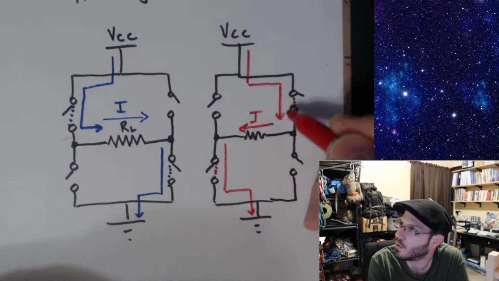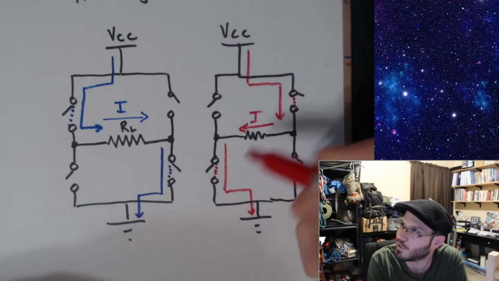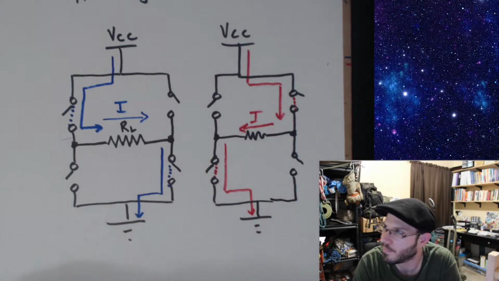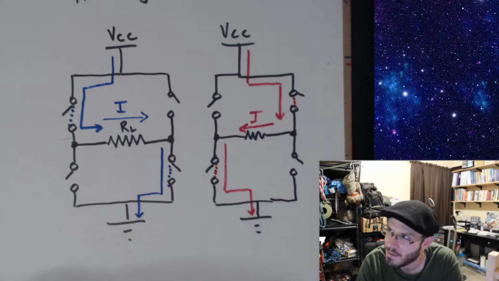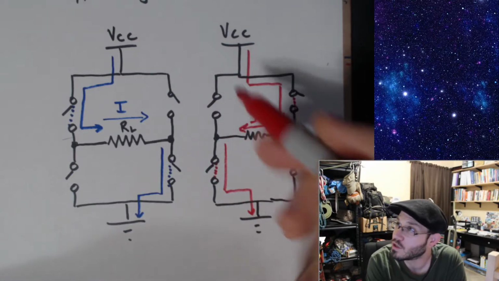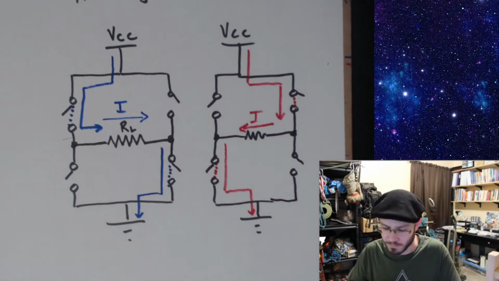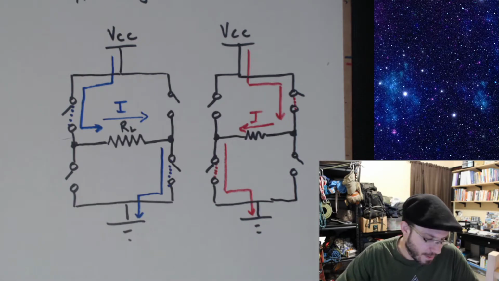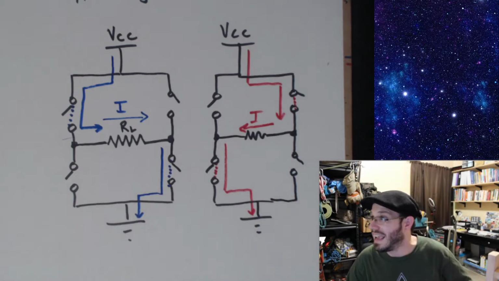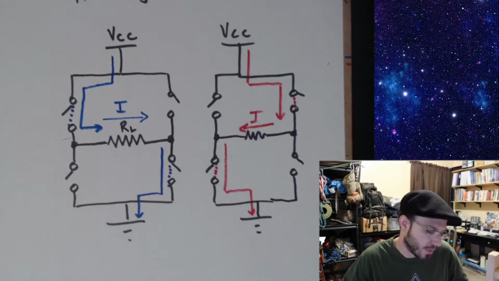So now my current goes this way and goes to the left through my load and then goes down to ground. Clever, right? So with 4 switches, I can make that happen. I can make my motor turn both left and right by a computer.